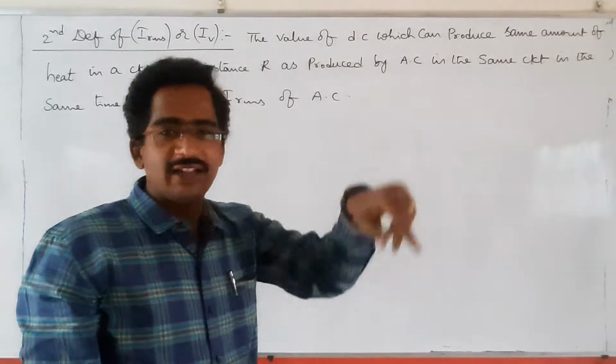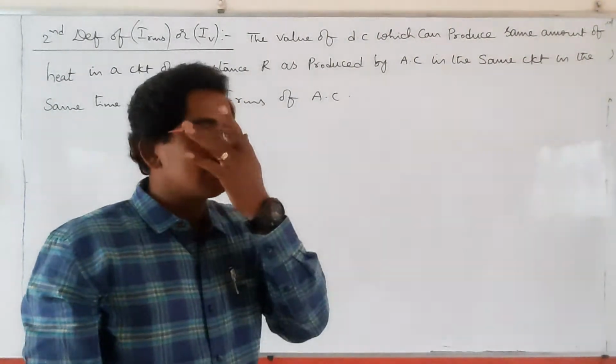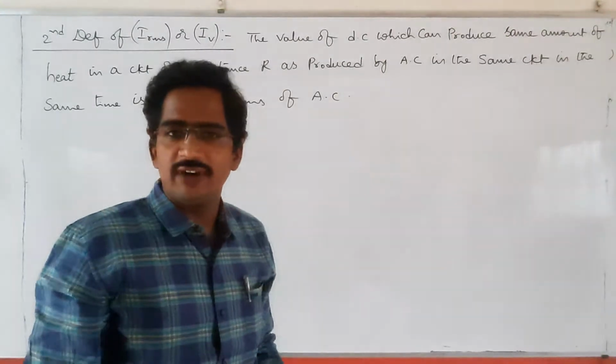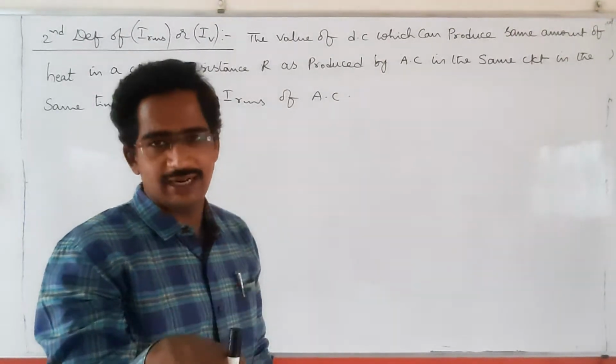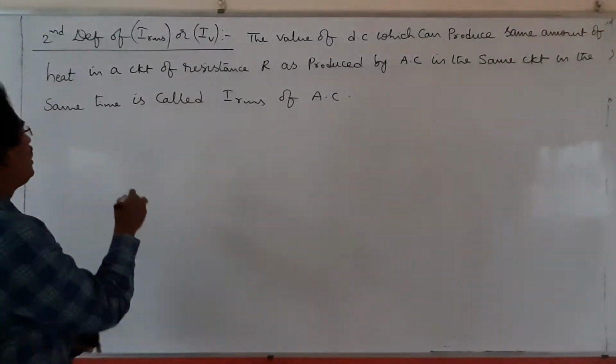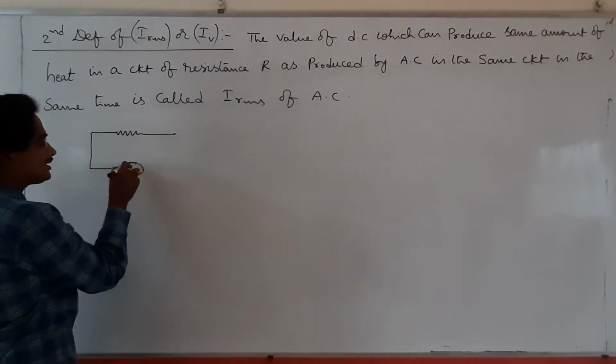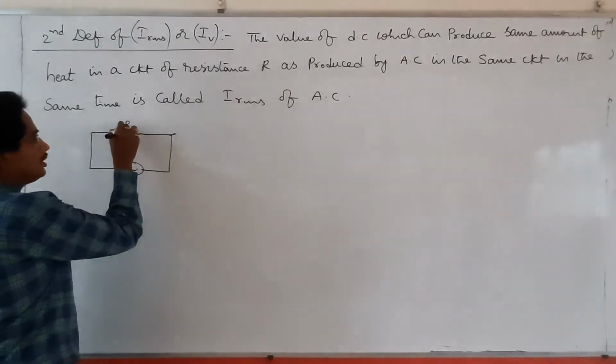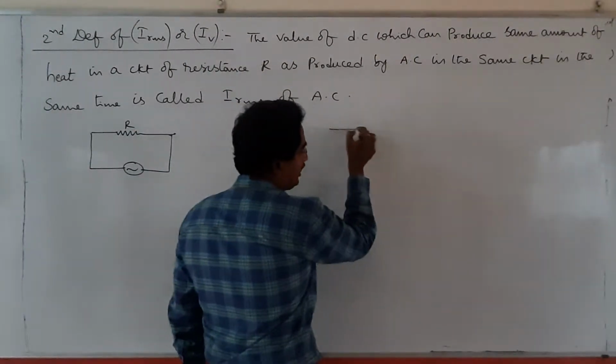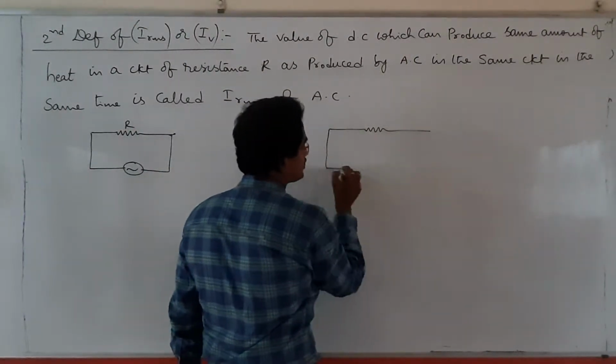Simply, like before, here also we consider two circuits, one connected to an AC source and another connected to a DC source.